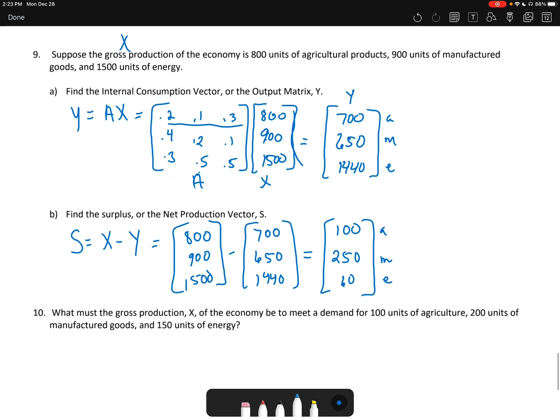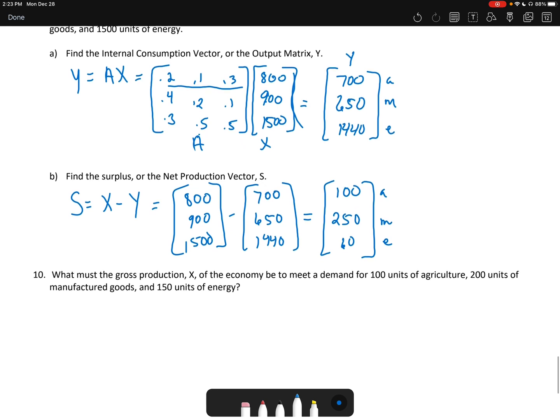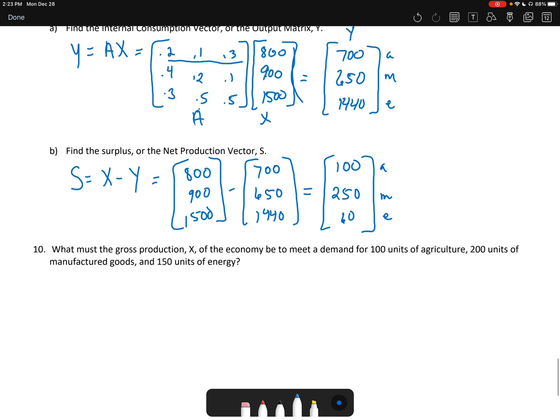Now, if you want to find an X, you have to be given a different bit of information. In this case, we want to find X if we're given a demand of 100, 200, and 150 for agriculture, manufacturing, and energy, respectively.